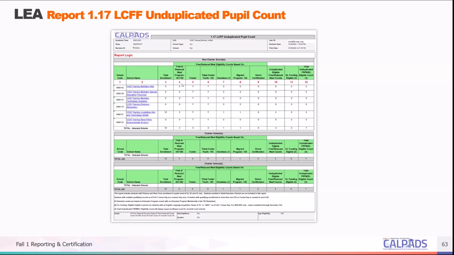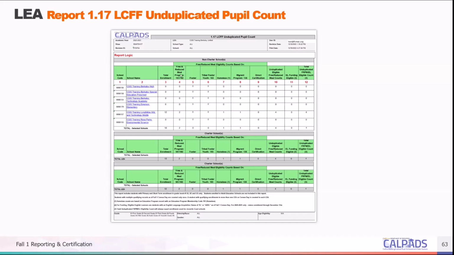And so you have a view of those students that are either free and reduced price meal, as identified by 181 and 182, foster youth, state match, tribal foster youth, program 193, homeless students identified by program 191, migrant students who will be a match at the time of this recording. It's still identified as 135, but this will be a state match as well. Your direct certification, which is also a state match. All of these students are your FRPM eligible students.